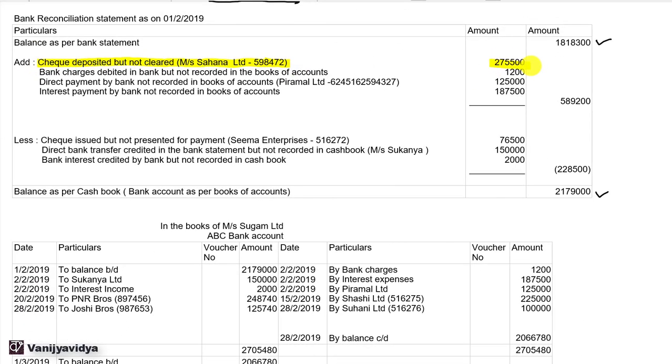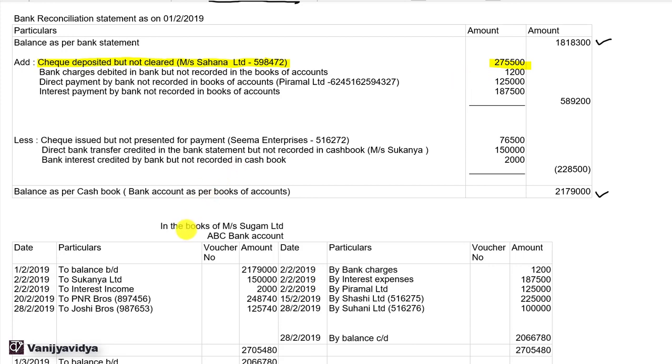Reconciliation statement. Next, bank charges debited in bank but not recorded in the books of account, 1200. Now these bank charges were already in your bank statement, but they were not in your cash book. So now let's check if in the month of Feb these bank charges are appearing in your bank account as per books.